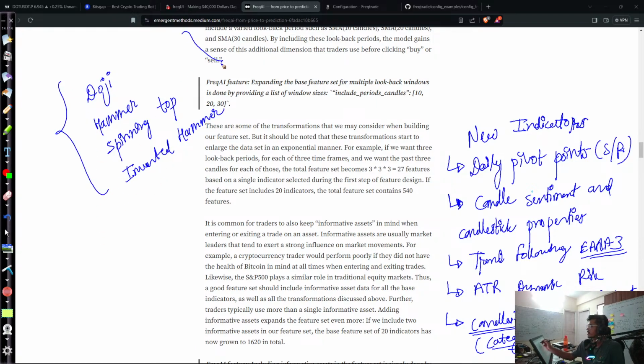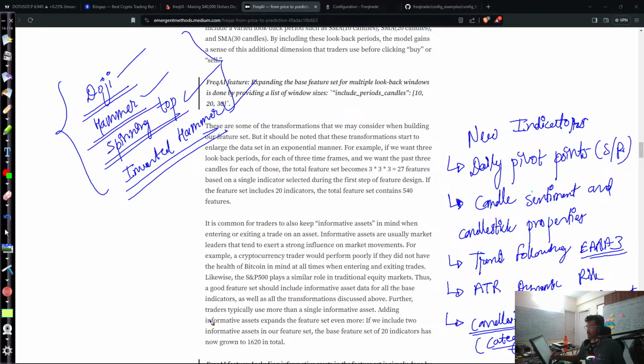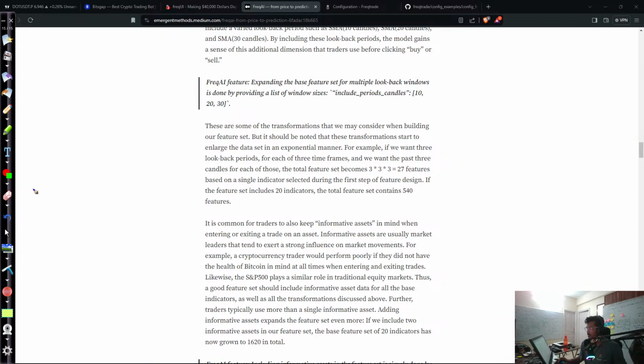Instead of having a value for it, you just write doji, hammer, spinning top, inverted hammer. Once you pass that to the AI model, it actually understands what doji means, what hammer means, what spinning top and inverted hammer mean. We're going to be doing it in a transformer model, and we're going to map the attention map and look at where it is activating. Okay, so moving on.